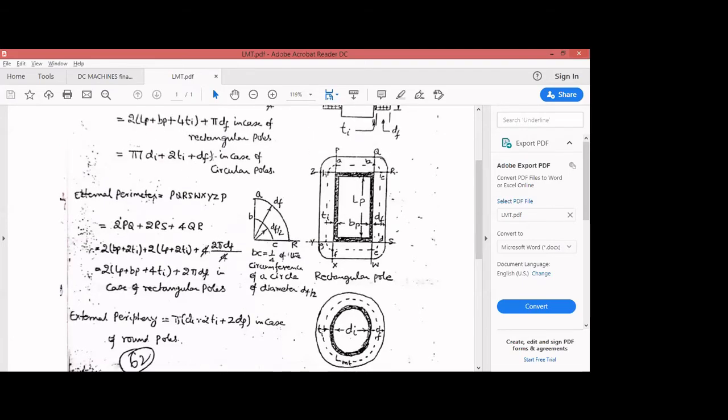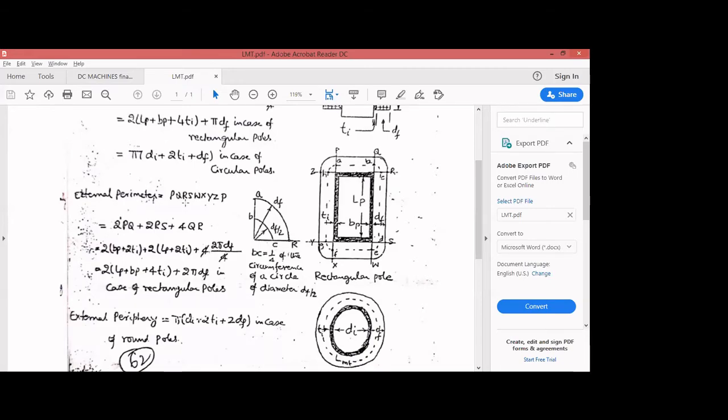This will be LMT, length of mean turn, plus if you add pi df, then you'll get the outer turn. This is the length of mean turn. If you know LMT, you can add this diameter df, so pi into df. LMT plus pi into df, if you add, you get the outer turn. Okay, that is the case.